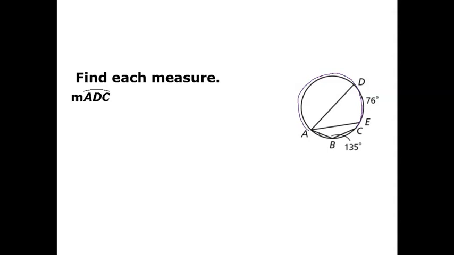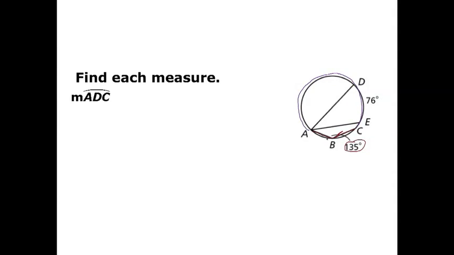And what we should see is that the angle that's intercepting that arc is the one created here at B, angle ABC. That's the one that's actually intercepting that arc. And we see that that angle measures 135 degrees.